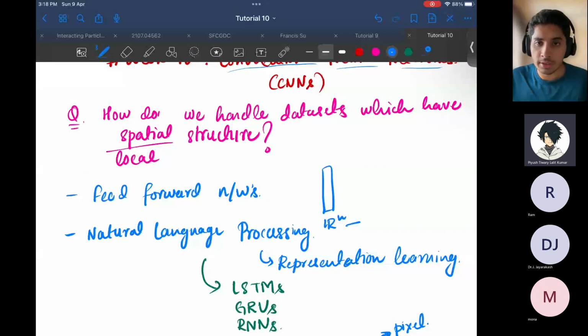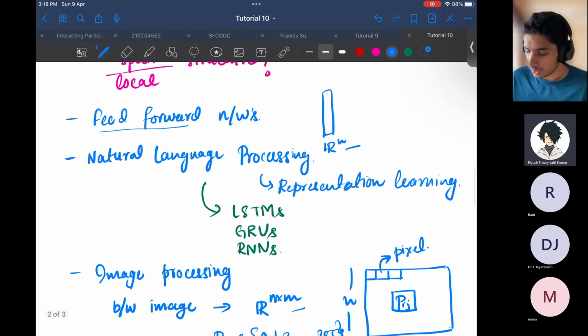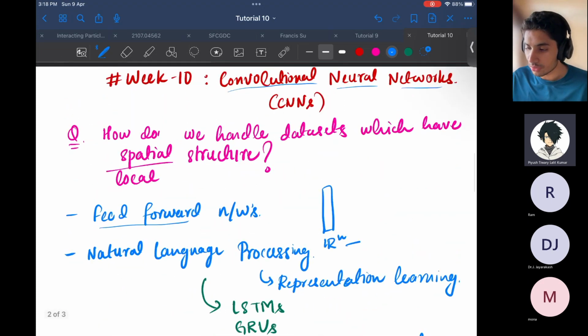If I were you, one thing that would come to my mind is that till now we have built all our arsenal, all our machinery, based on feed forward networks. And suddenly someone is saying that feed forward networks are not enough and we need to go towards convolutional neural networks, CNNs. So my first question would be, why should we have this shift in paradigm?